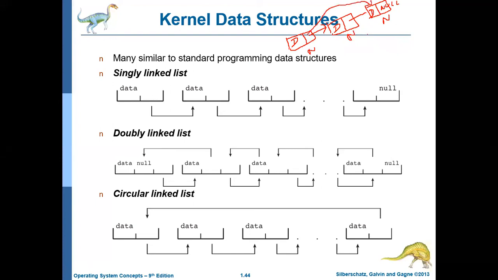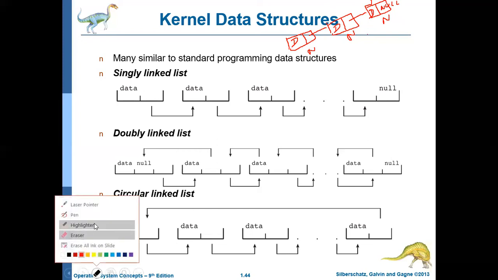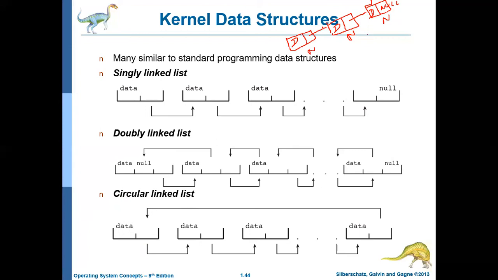Since it has only one pointer, if it is pointing here, it is no more pointing there, so the item is already removed. Similarly, if you want to insert something, assume this is not deleted. If I want to insert a new node, then what we do is create a new node.